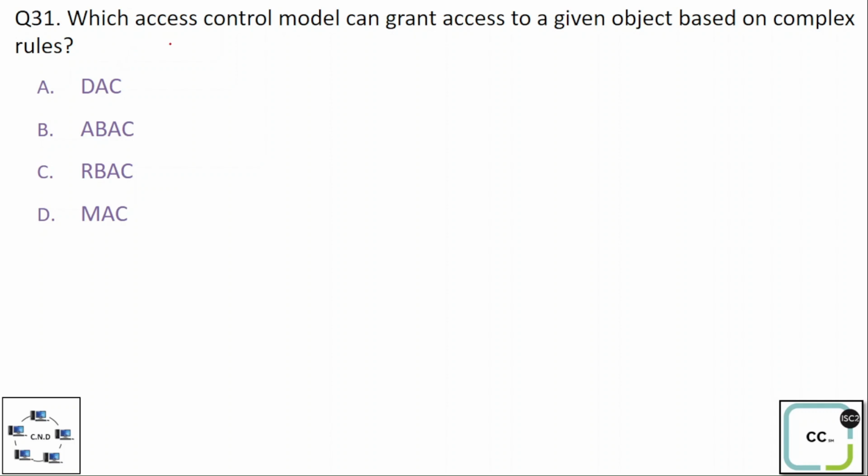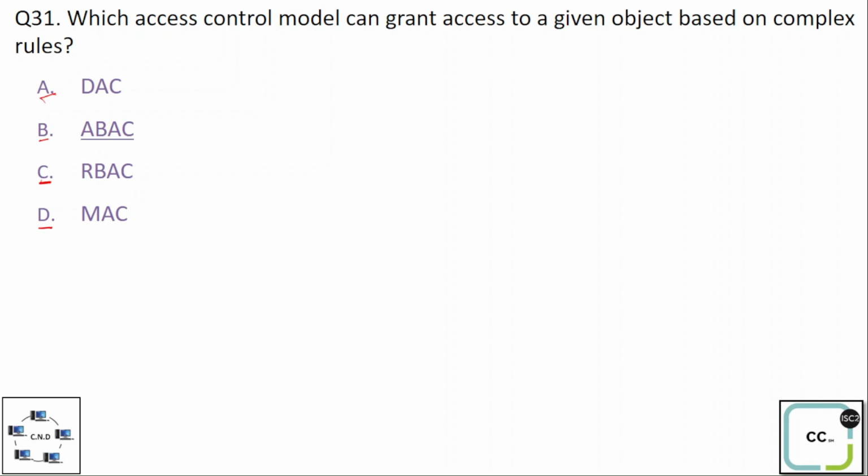Question number 31. Which access control model can grant access to a given object based on complex rules? Option A, DAC, discretionary access control. Option B, ABAC, that is attribute-based access control. Option C, RBAC, that is role-based access control. And option D, MAC, that is mandatory access control.